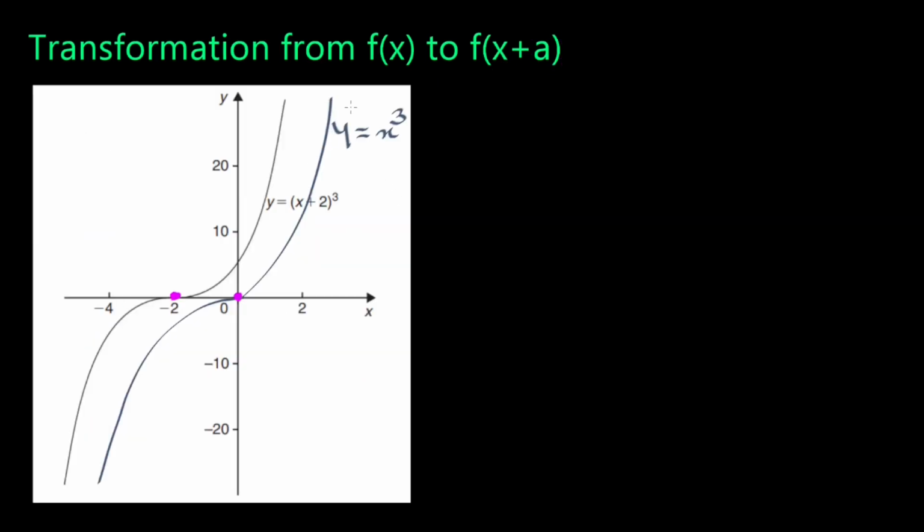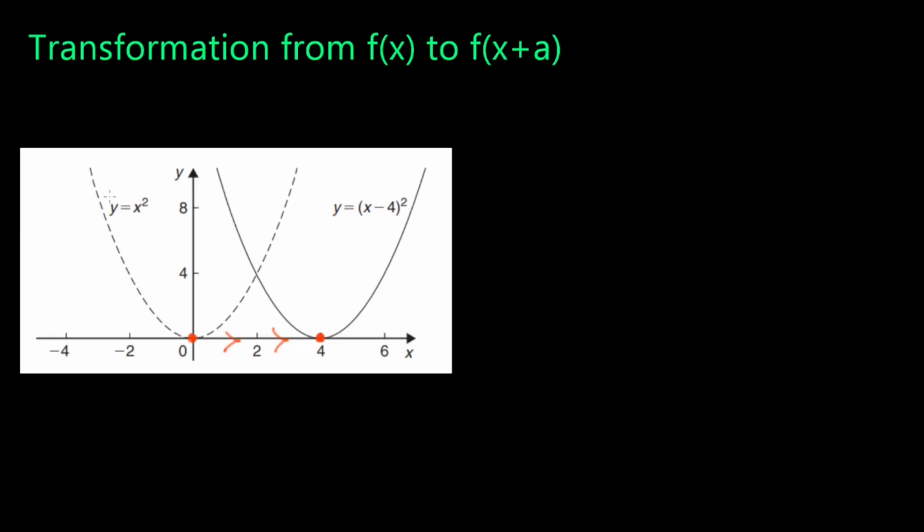Simple transformation of the curve y equals x cube to y equals x plus 2 whole cube can be obtained by shifting this 0 to minus 2 along the x-axis. This is because a, which is 2 here, is positive, so the shifting happens to the left.